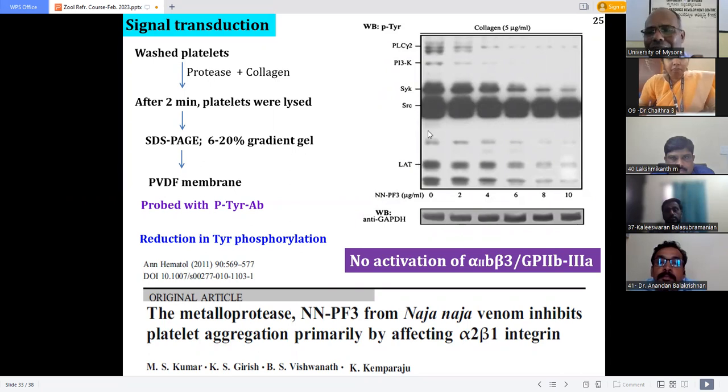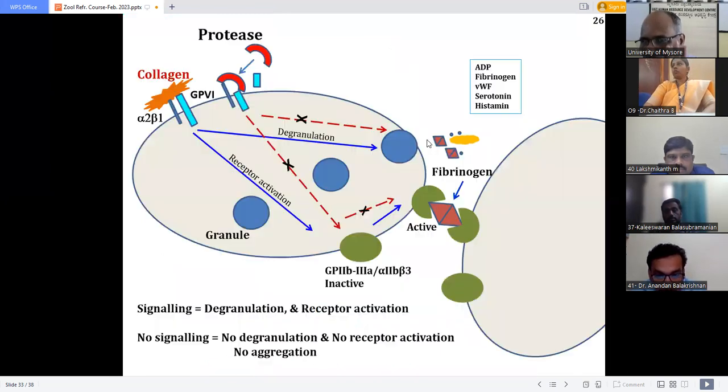SYK, SRC, LAT. These are all SRC family tyrosine kinases, non-receptor cytosolic tyrosine kinases. They are very essential for the signal transduction. They get activated like this, right? This is what happens when collagen stimulates. The signal transduction takes place.